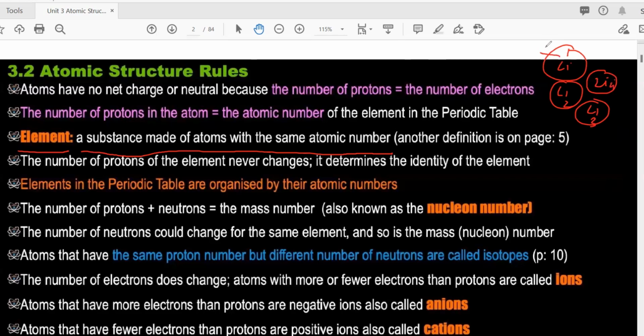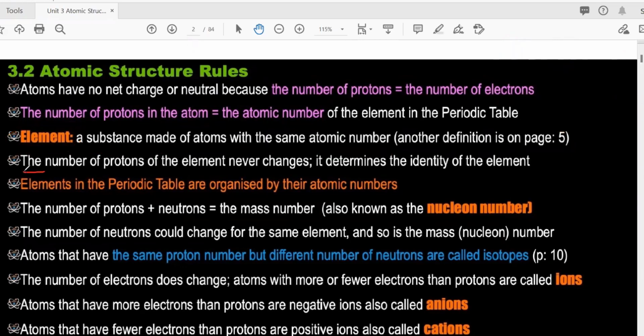What is the proton number or atomic number of this atom? 3. What is the atomic number of this one? 3. So in an element, all the atoms, even if it has millions of atoms together, have the same proton number or same atomic number. Once again, a substance made of atoms with the same atomic number is known as an element.